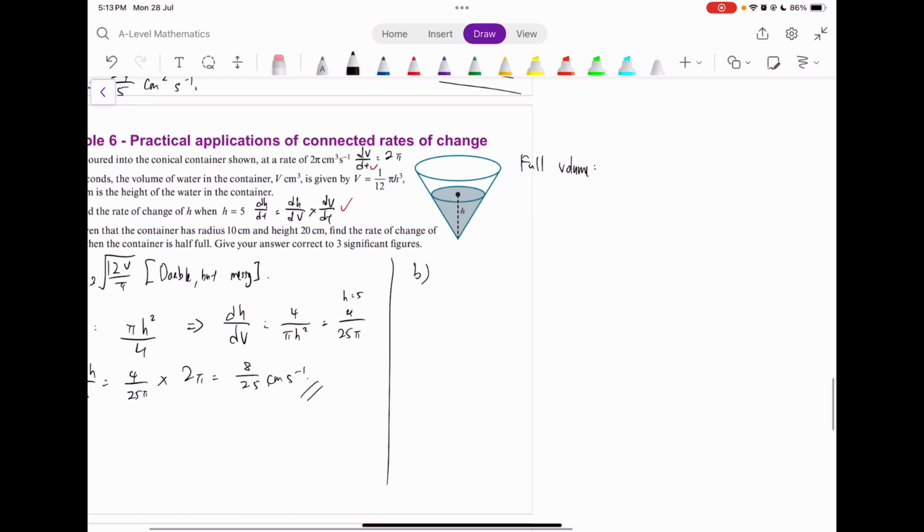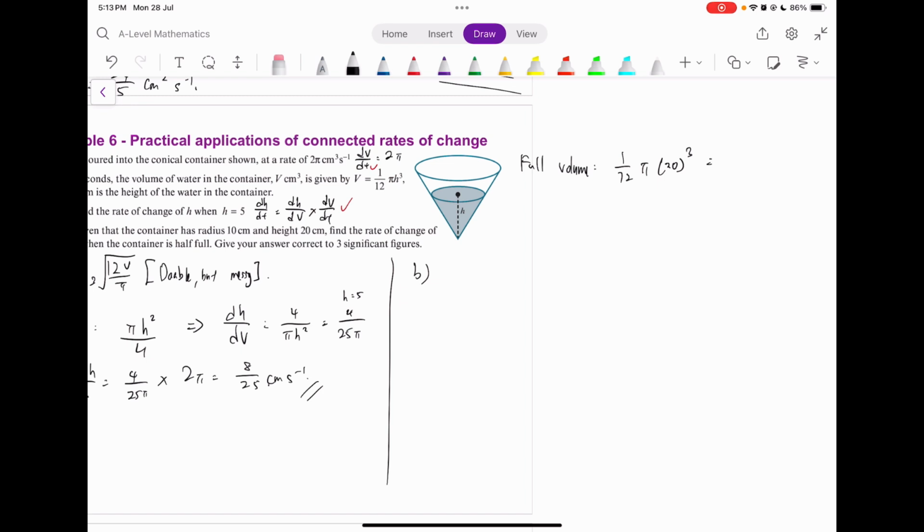Okay, so we know the full volume is 1 over 12 pi times 20 cube. Let me use the calculator. Where is my calculator? There we go.